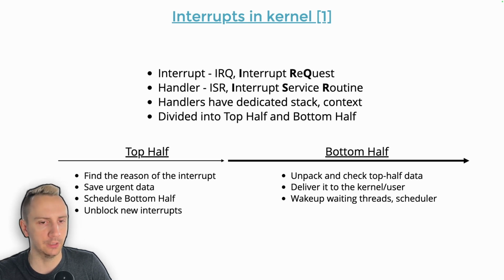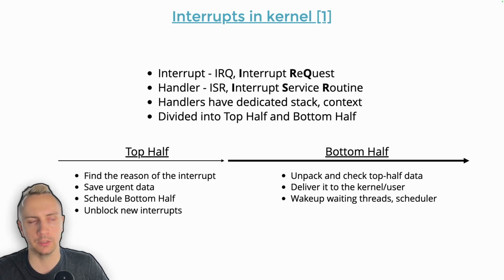It will have to do things like find the reason of the interrupt at first, then save urgent data which would be lost after this function returns, and unblock the new interrupts, right? And then, if required, schedule background handling of the heavy part of the interrupt, which requires some work that doesn't need to block the interrupt handling.